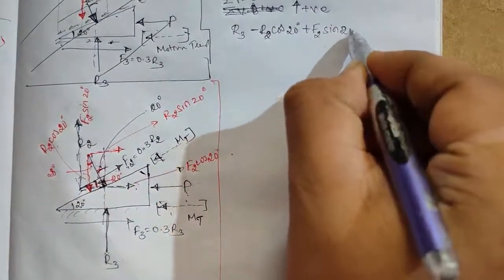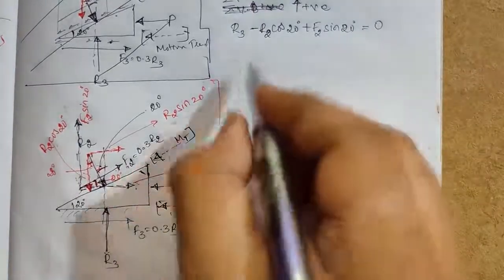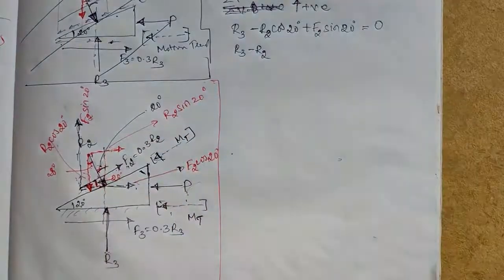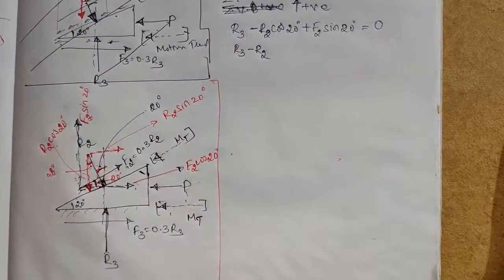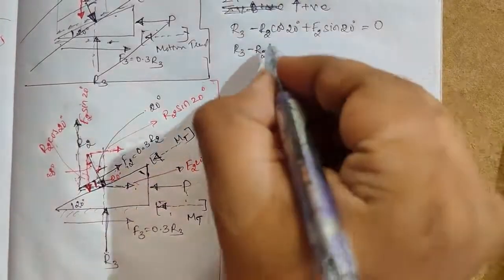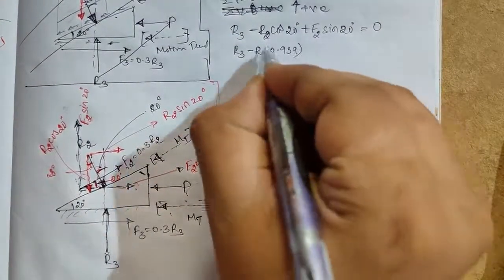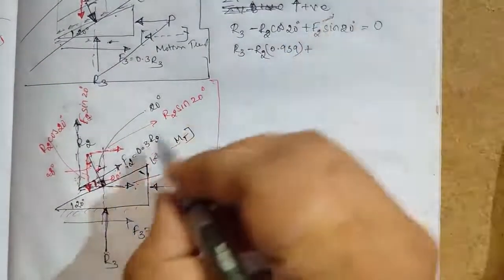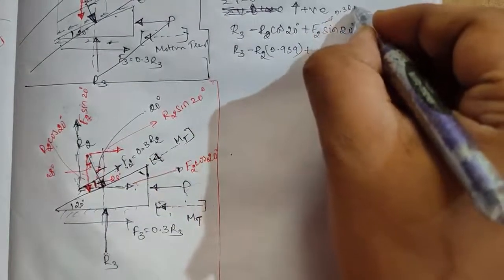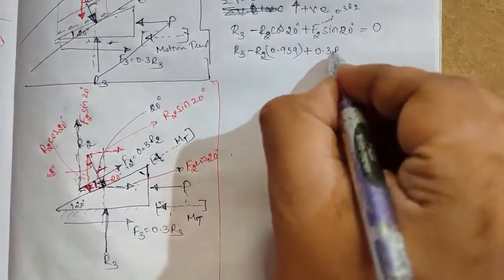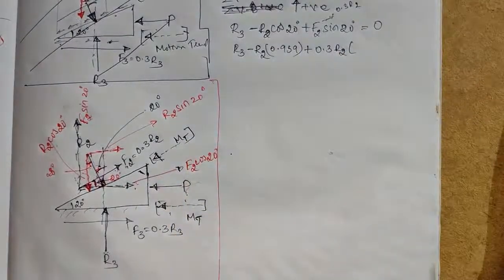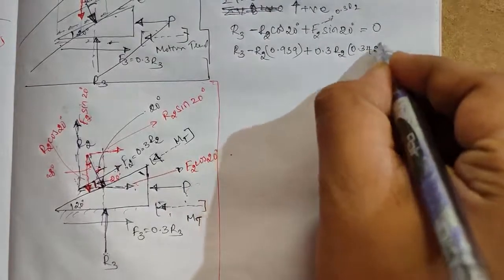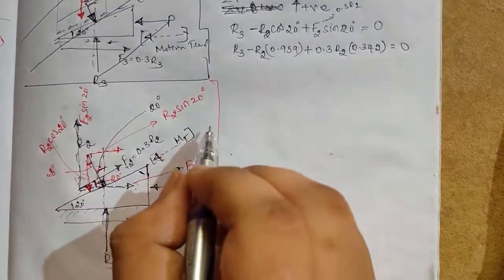So R3 minus R2 cos 20, that is 0.939, minus... now this F2 is nothing but 0.3 R2, right? So 0.3 R2 sin 20, sin 20 is 0.342, is equal to 0. Now what happens?